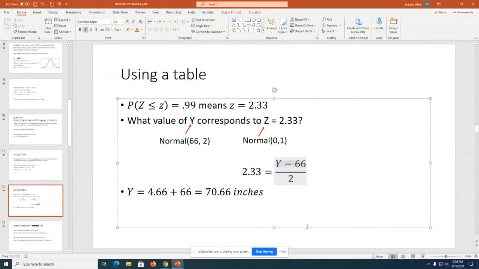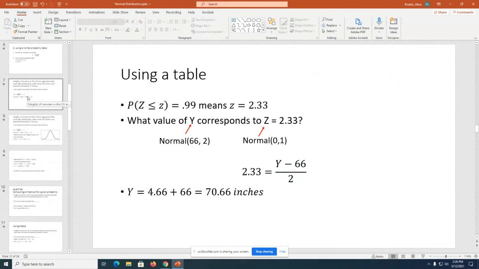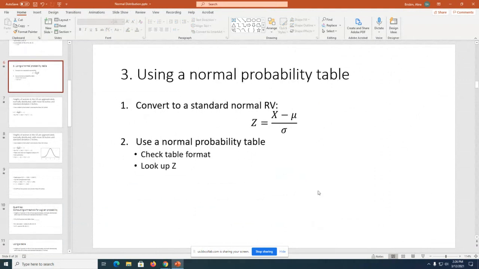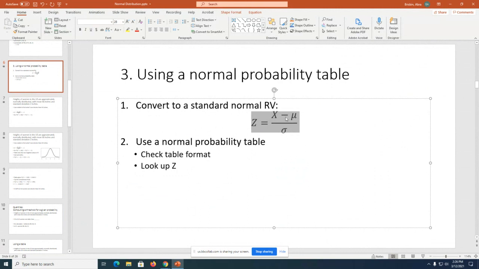Good question. So that is using our formula for the relationship between a standard normal random variable z and some other random variable that has a normal distribution with some other mean and standard deviation, which is this.